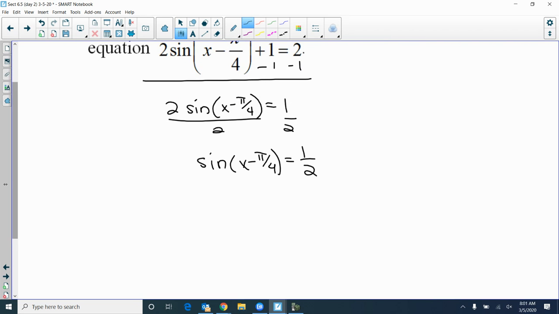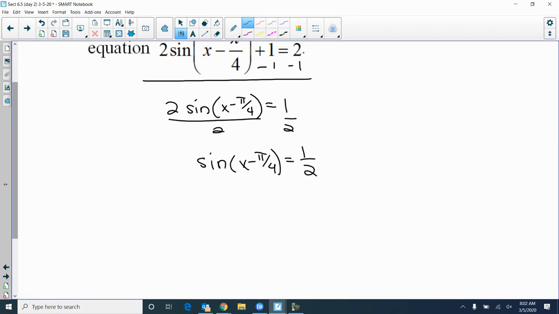And I get sine of x minus pi over 4 equals 1 half. All right, I'm going to do substitution here. Some of you will kind of work around it and not have to do substitution. That's fine. But I like to do this just to kind of isolate things and make it a little bit easier.